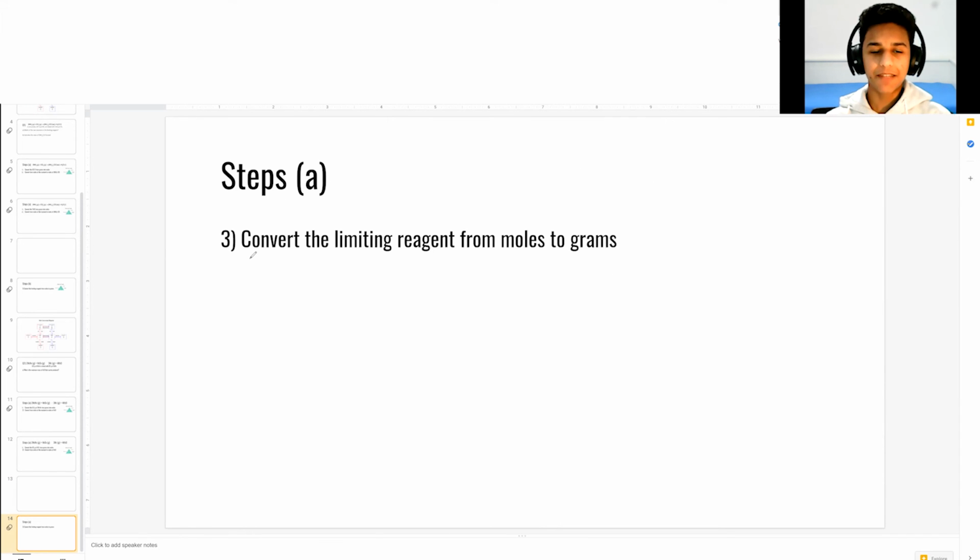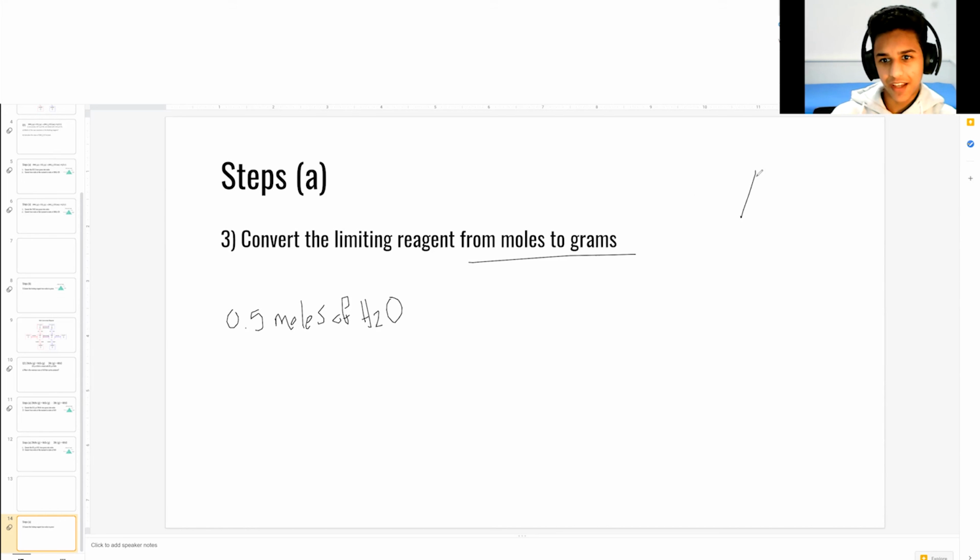So now for the last step in this video: convert the limiting reagent from moles into grams to get the final answer. So the limiting reagent is 0.5 moles of H2O, and we should have had here our triangle, but we are big enough now to memorize the triangle. The triangle would have shown that we should multiply the molar mass by the amount of moles to get it in grams.